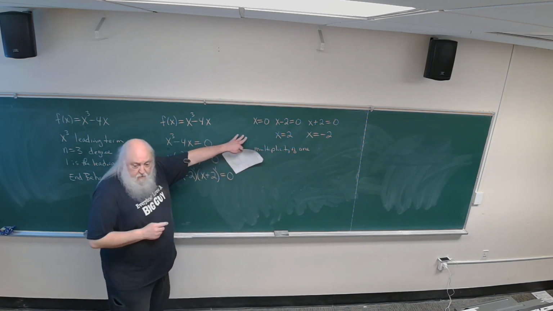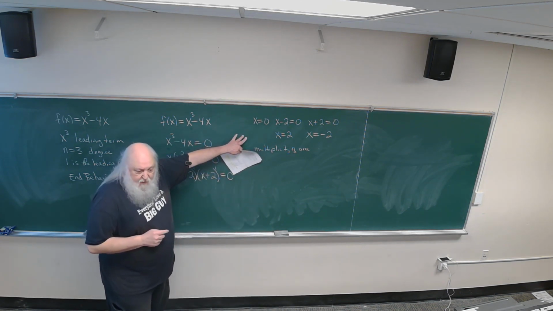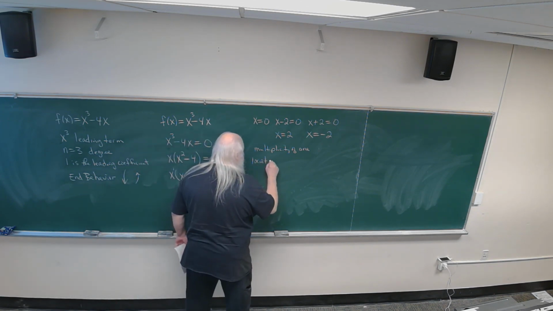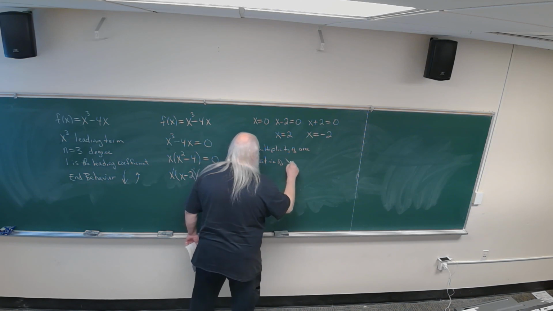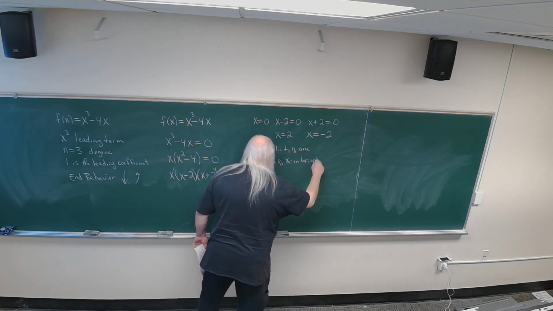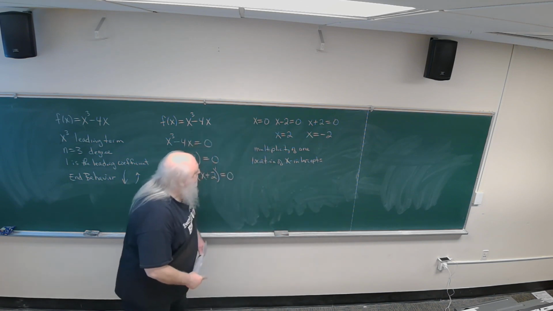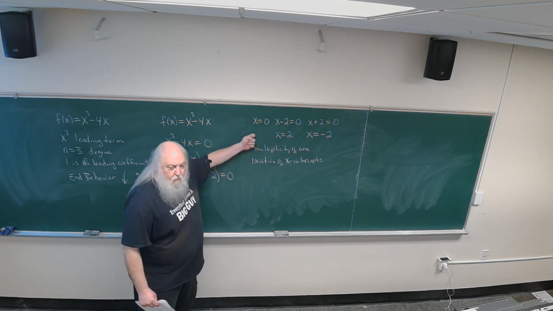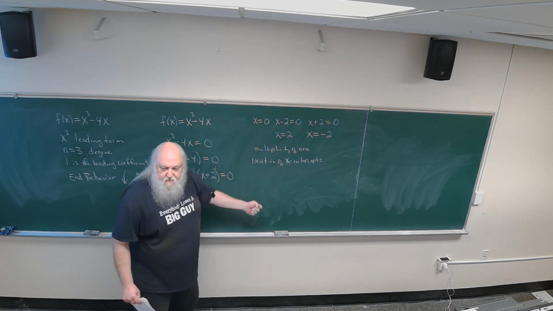So these are also the locations of the x-intercepts. Since they all have a multiplicity of 1, what's the graph going to do at each of these x-intercepts?